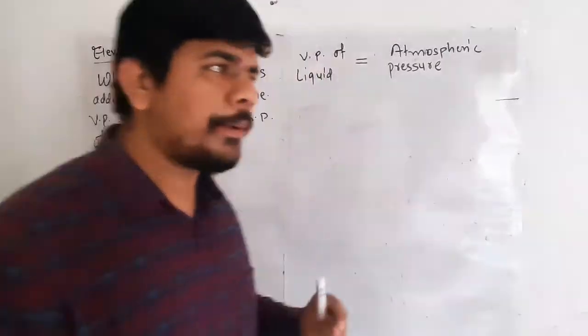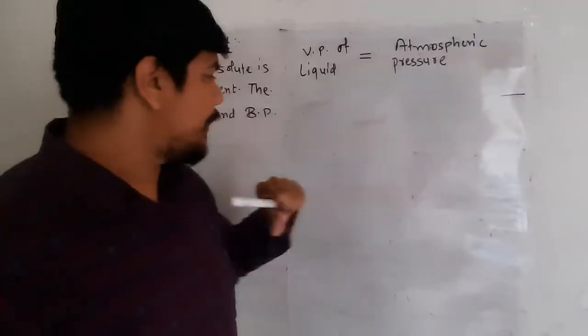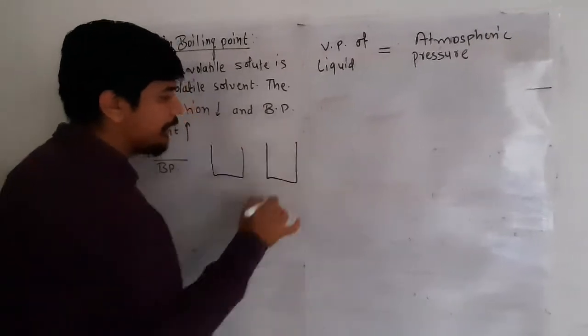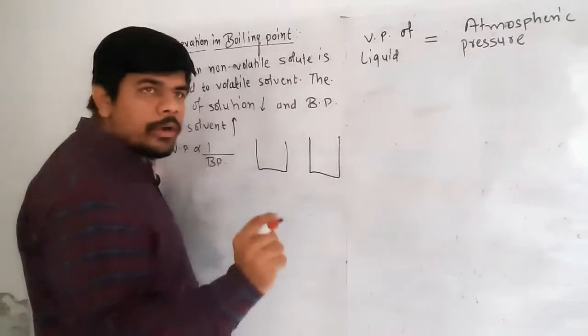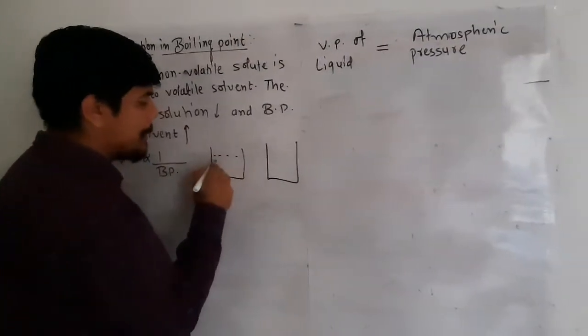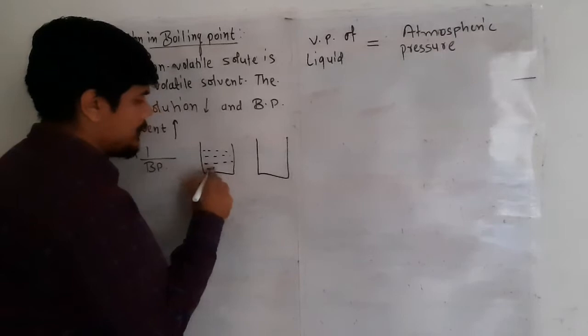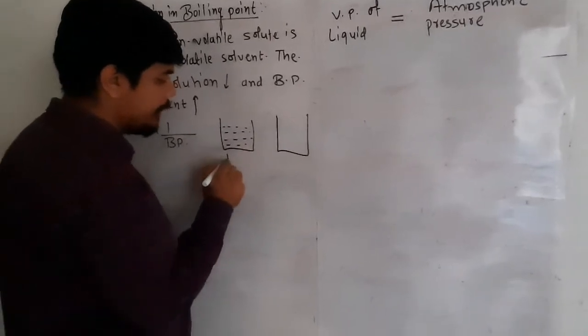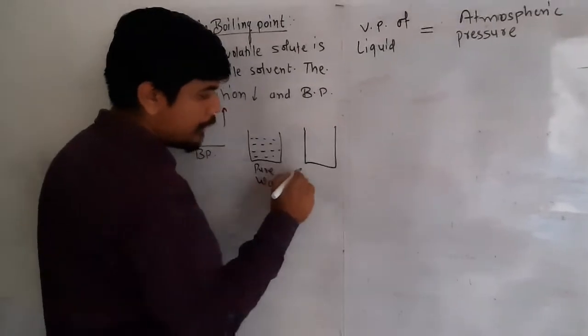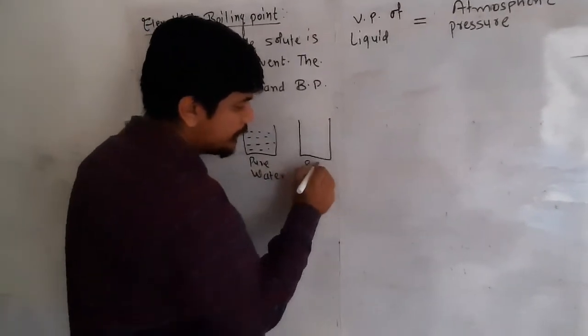So what happens when we take pure water on one side, and on the other side water with a non-volatile solute? Here I take pure water, and here I take the salt solution.